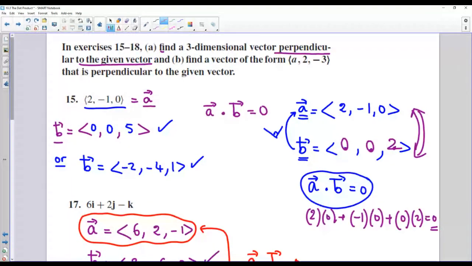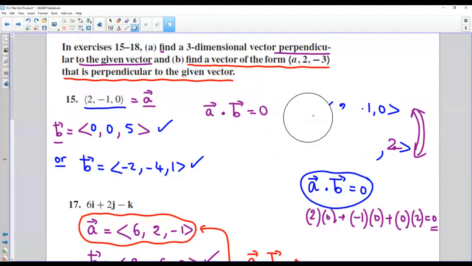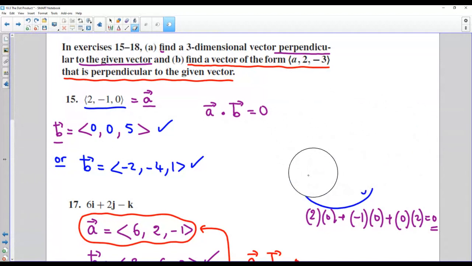Right. There is also a second part here. I want to do it because it may come.